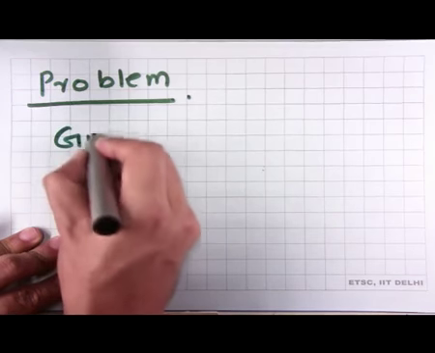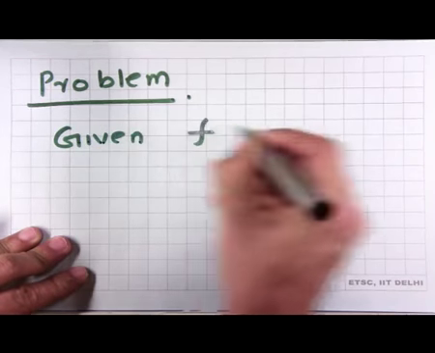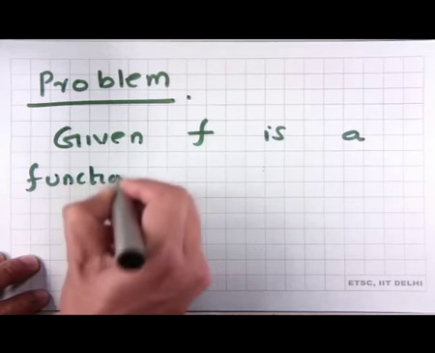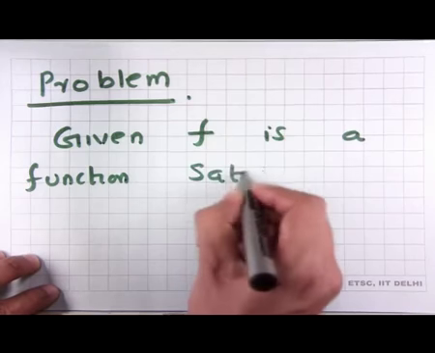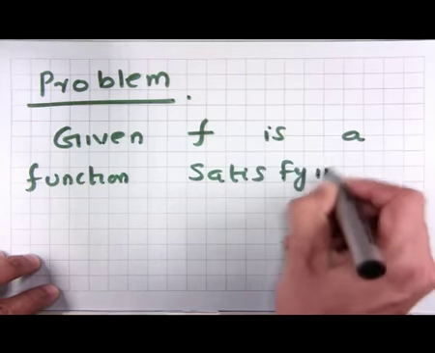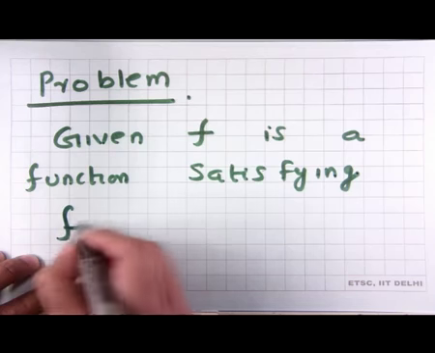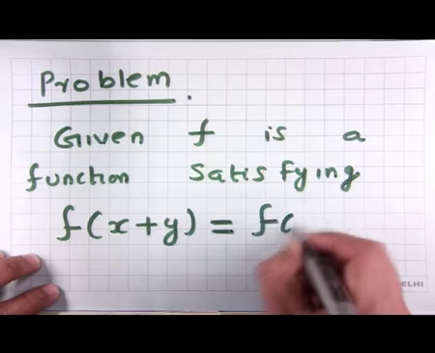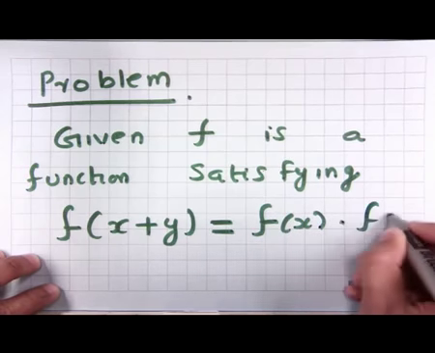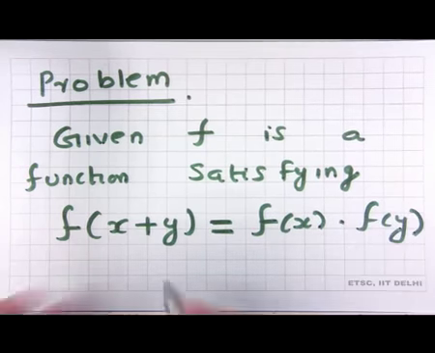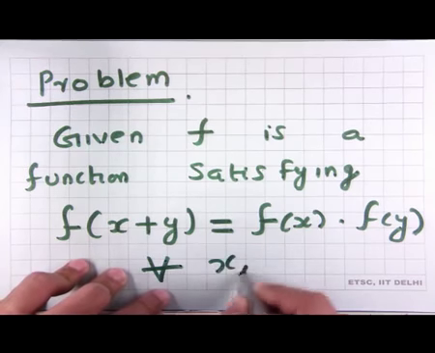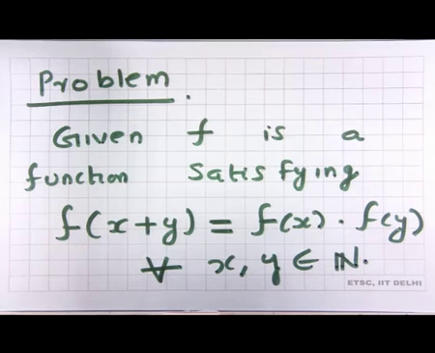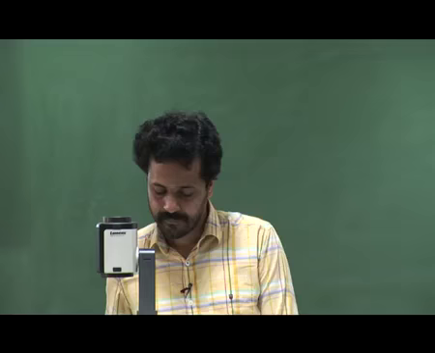Given f is a function satisfying f of (x plus y) equal to f of x into f of y for every x, y in N, natural numbers.